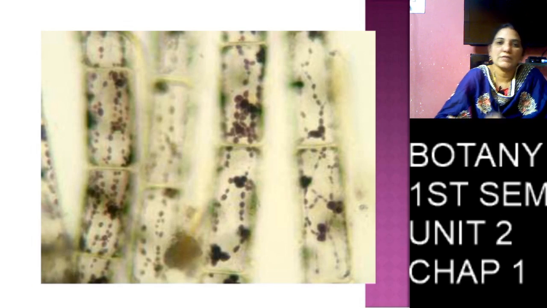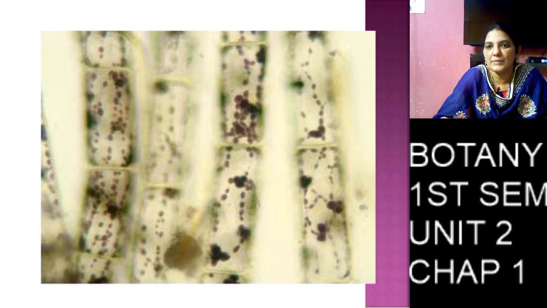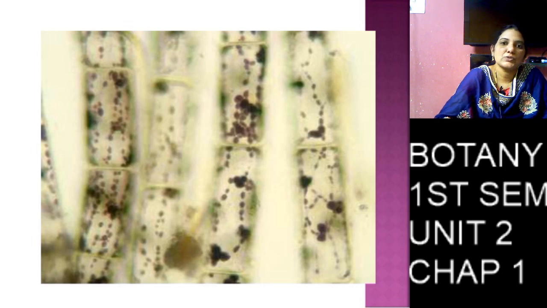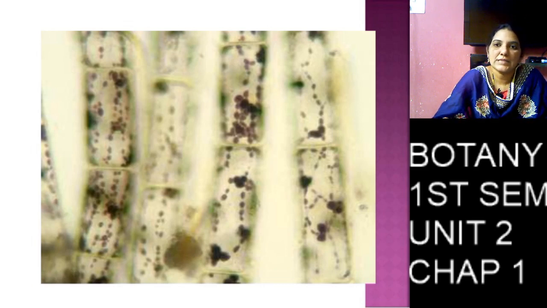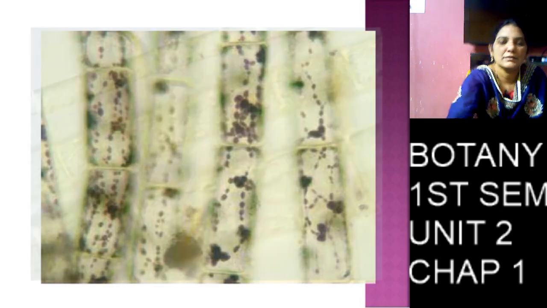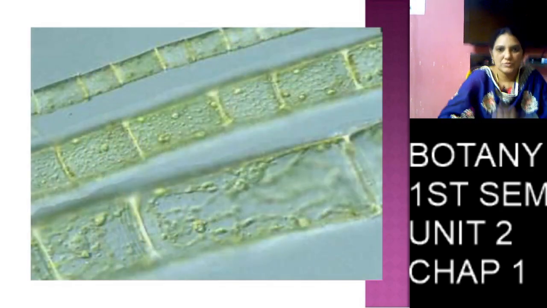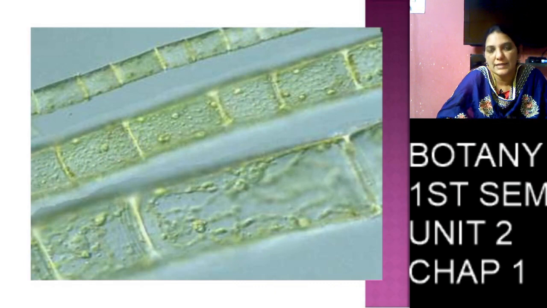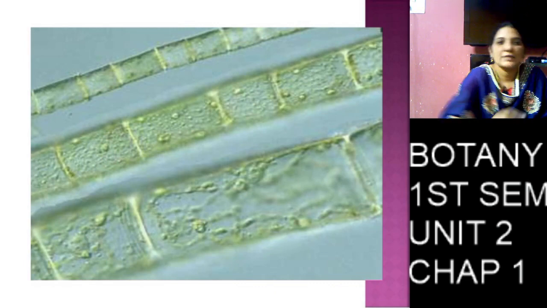At the time of cell division, the nucleus comes to the middle of the cell, toward the upper side. Here is one single cell.